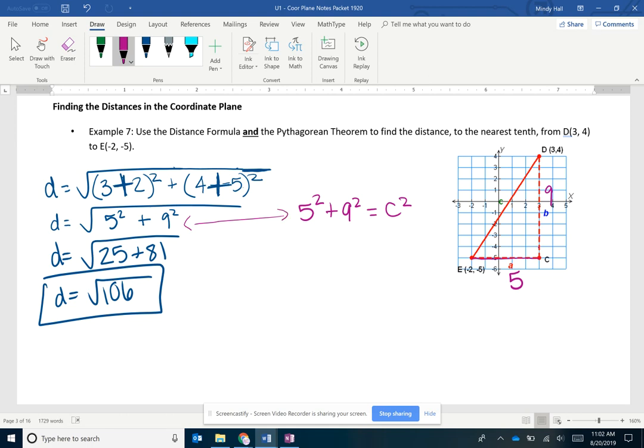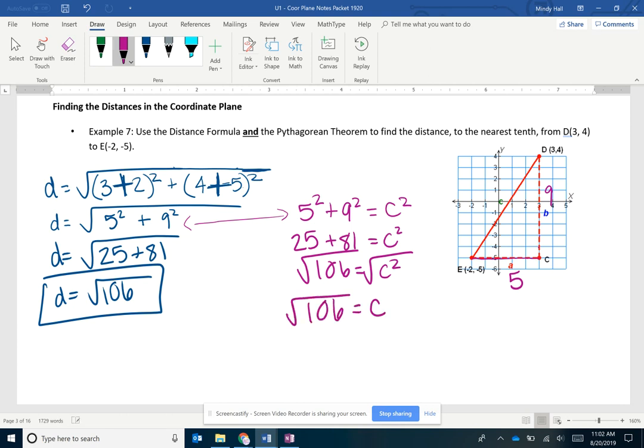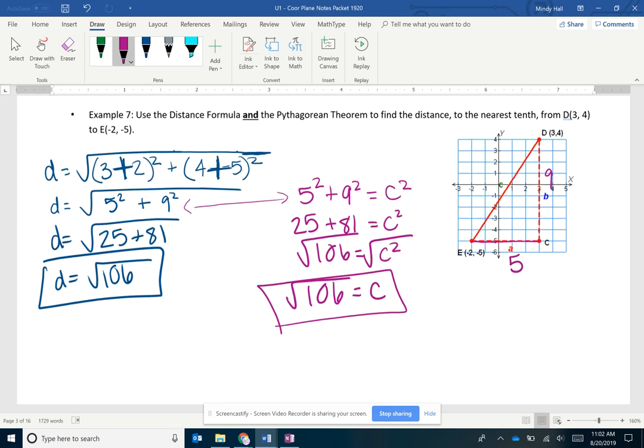And if I took the square root of c squared right now, it would be exactly the same thing. But we have 25 plus 81 equals c squared, which is 106 equal to c squared. And then when we take the square root, the squared goes away, I'm sorry. And then c is still the square root of 106. So if you have a method that you prefer more than the other, feel free to use it at your leisure.